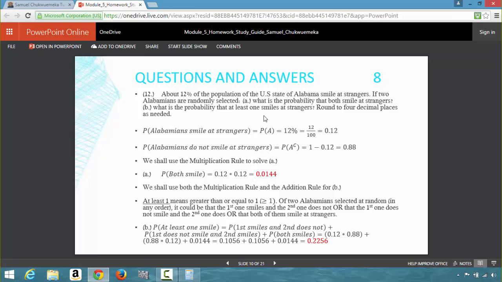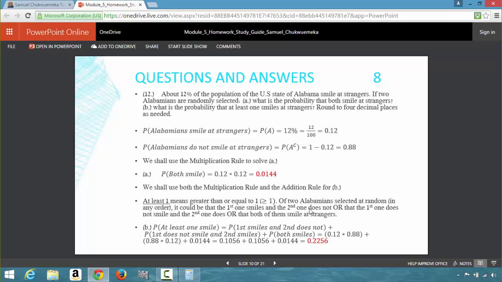If I say, Joe, could you please give me exactly 5 oranges? Then that is just 5. So at least 5 means 5 or more. At most 5 means 5 or less. Just 5 or exactly 5 means equal to 5. So when we talk of at least one, we have both Alabamians. It could be that the first one smiles and the second one does not smile, or, when you say or, it is now addition rule.